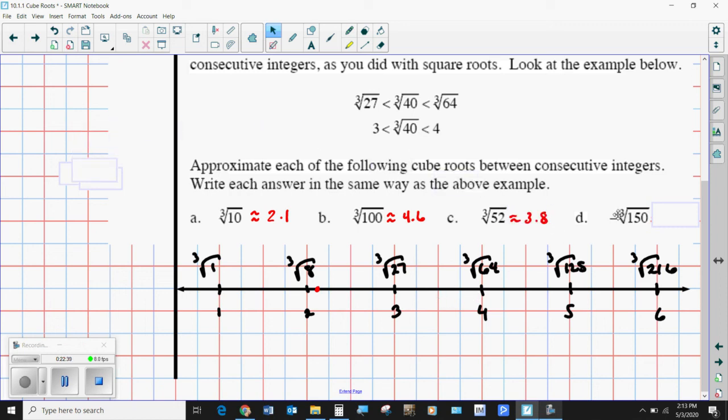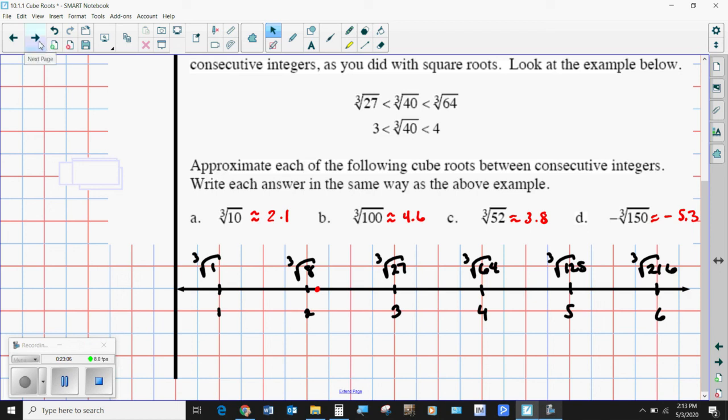And then the opposite of the cube root of 150 has to be somewhere around negative 5.2, 5.3, 5.4, somewhere in that vicinity. Okay, so you can estimate these, but it's harder than estimating with square roots. So use your calculator. Hopefully you have a calculator available to you, or the online scientific calculators can help you with the process.